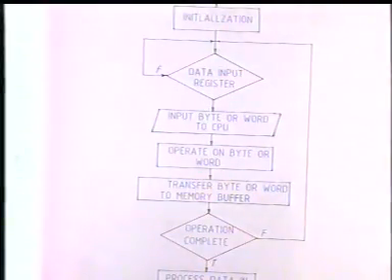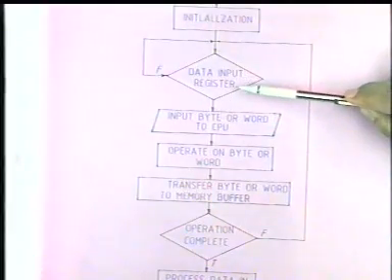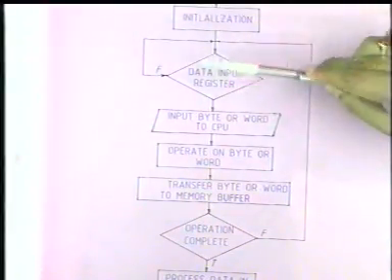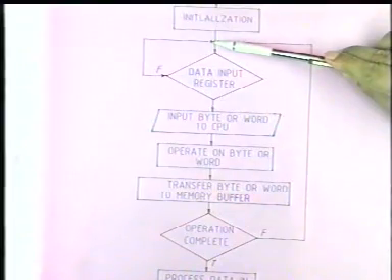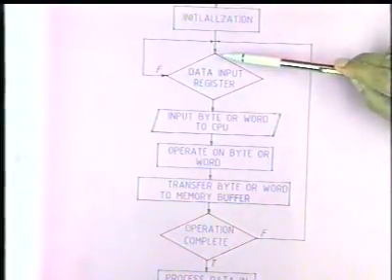The first thing required is, since the peripherals are slower than the CPU, there must be a handshaking signal between the CPU and the input-output device. So first, one has to check whether the data input register is ready or not. If it is not ready, it has to wait till the device is ready. This is called the handshaking, or reading the status information or the ready bit of the peripheral devices.